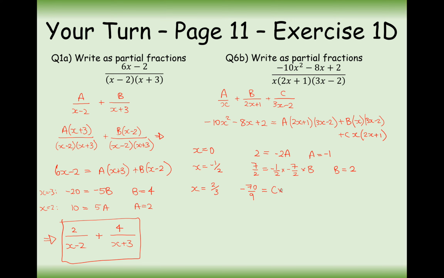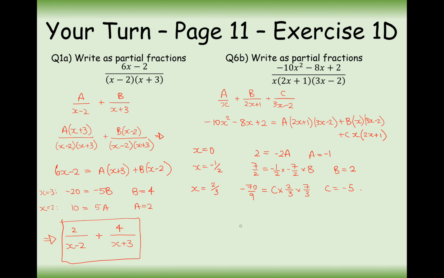So it's going to be C times by 2/3 times 2 times 2/3 is 4/3, add 1, that's 7/3. Now if I take my minus 70 over 9 and divide by 14 over 9, I get C is minus 5.